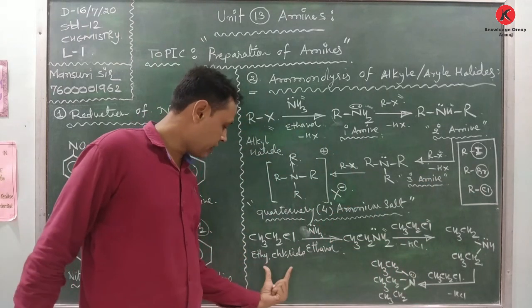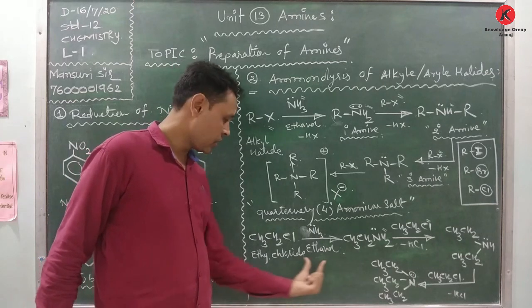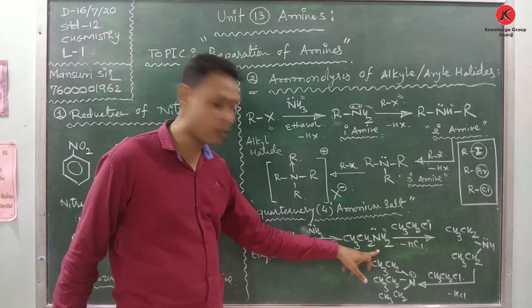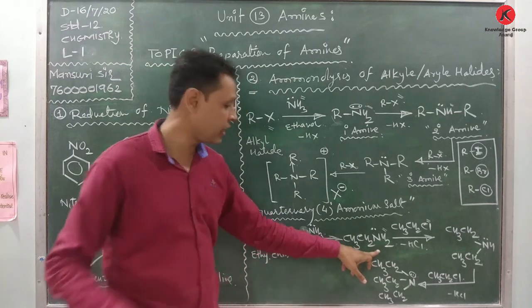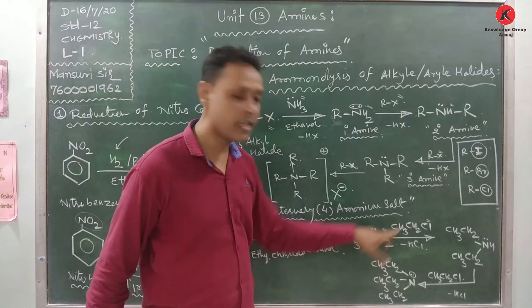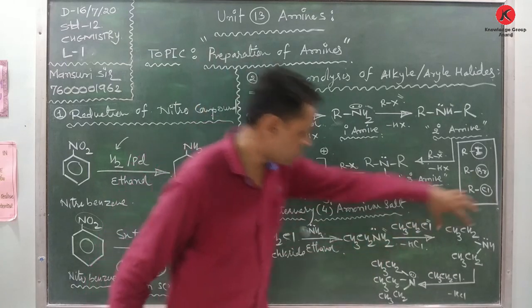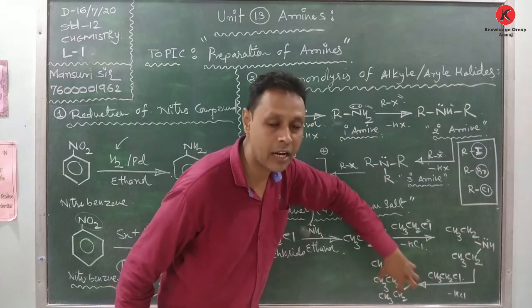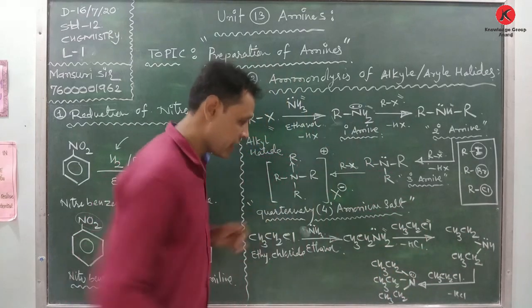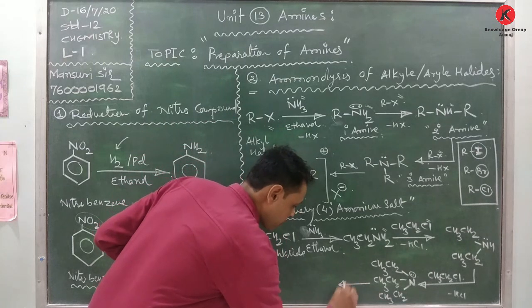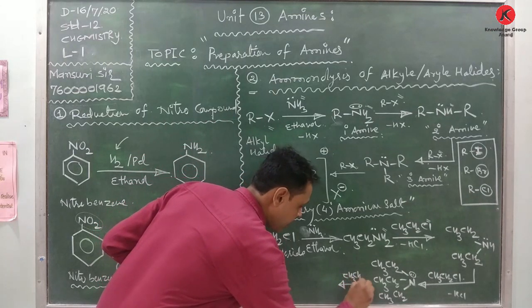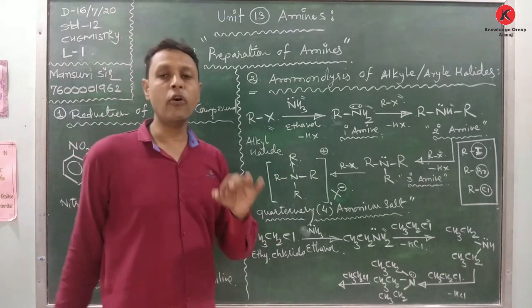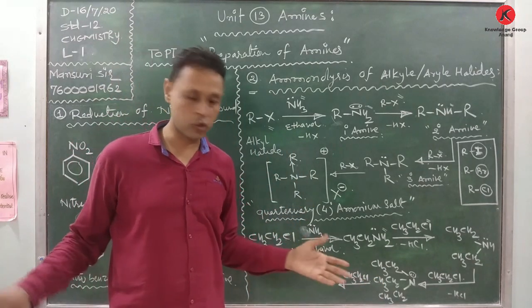So we can say that when ethyl chloride reacts with ammonia in presence of ethanol, then ethanamine is obtained. This is a nucleophile. Excess ethyl chloride is to be taken. Then 2 degree amine like diethylamine, 3 degree amine like triethylamine, and if excess amount of ethyl chloride is taken, then quaternary 4 degree ammonium salt is also obtained.